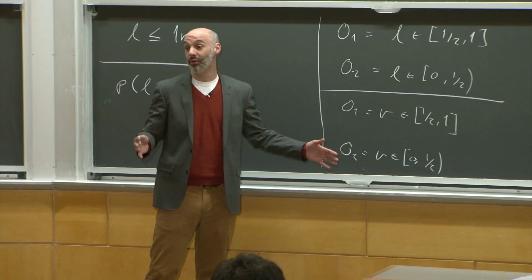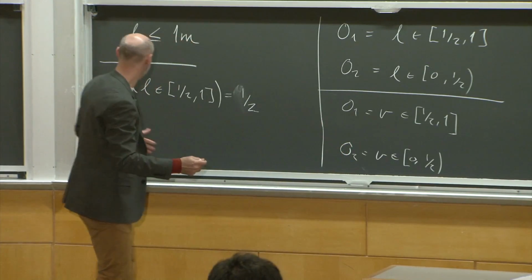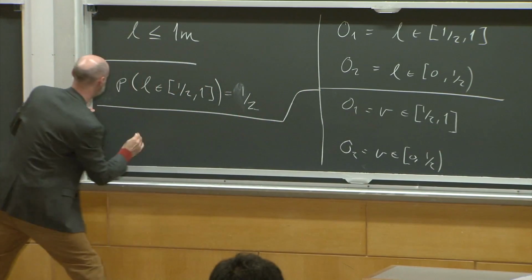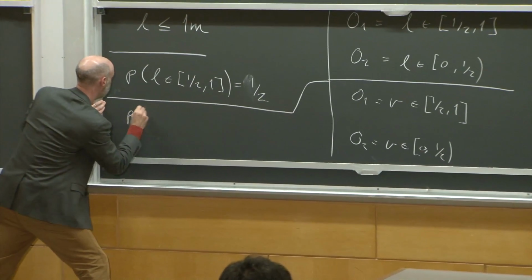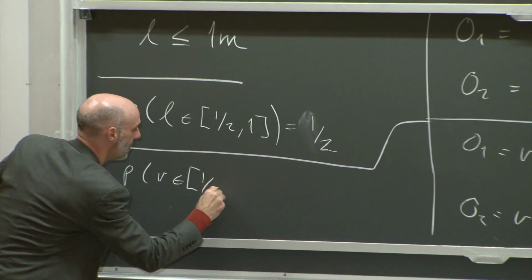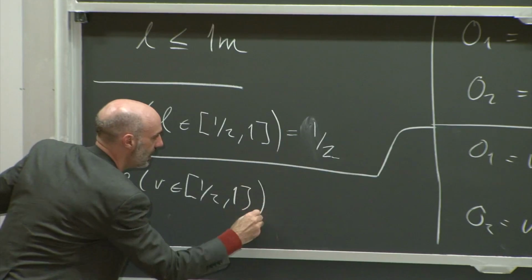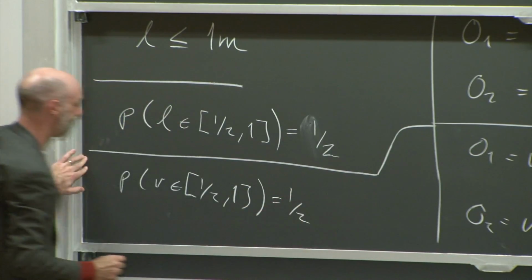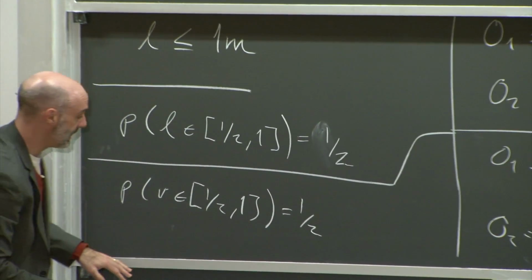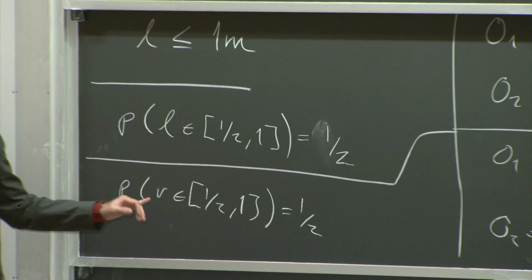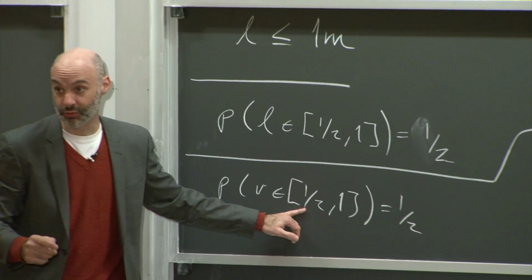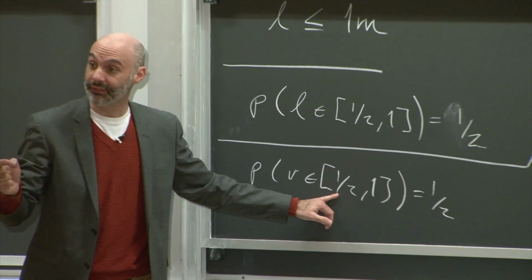And then, of course, we're going to get very different results, because that suggests that the probability that the volume is in this range is 1/2. But of course, the cubes that have a volume of 1/2 are not the cubes that have a side length of 1/2.